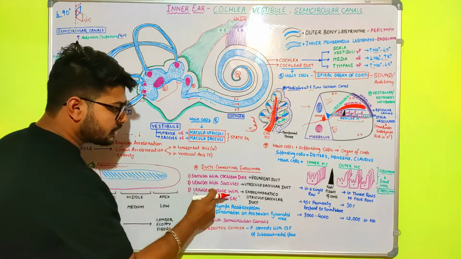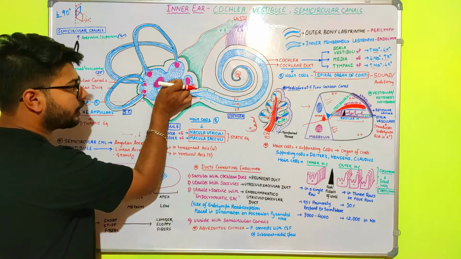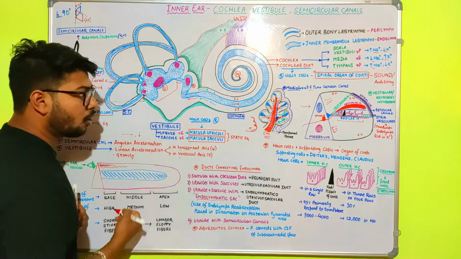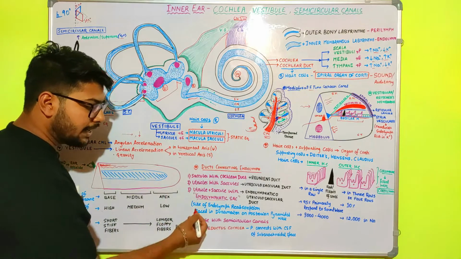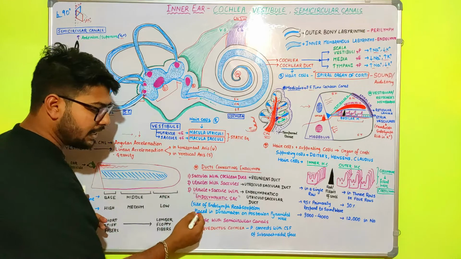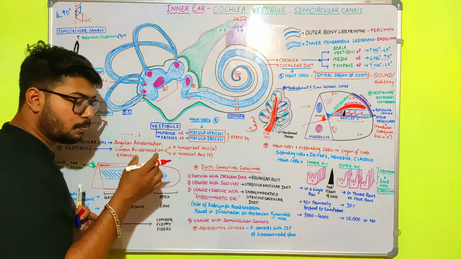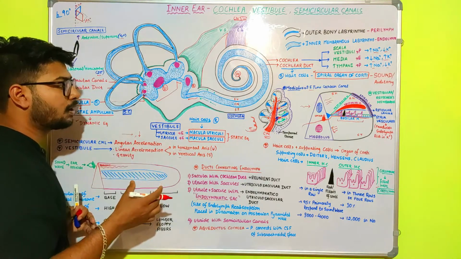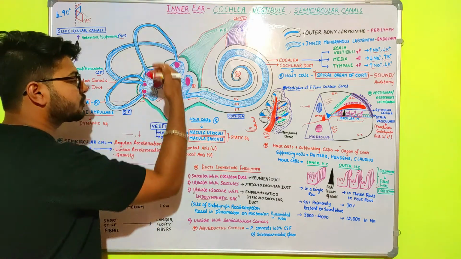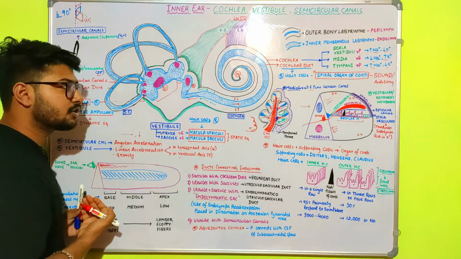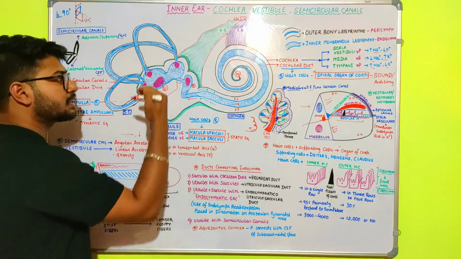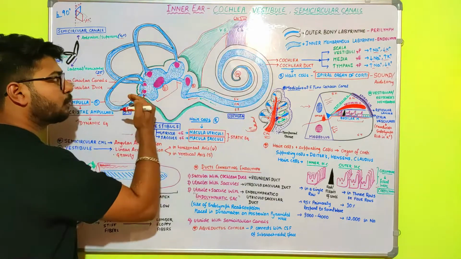Along with this utricle and saccule we have one more connection, with the endolymphatic sac. What is that endolymphatic sac? It is the site where the endolymph is reabsorbed, and it is placed in the dura mater of the posterior pyramidal wall, exactly behind this vestibular structure, above the temporal bone.